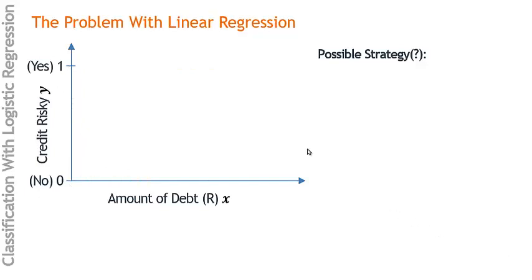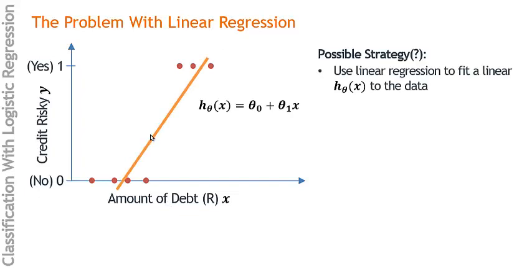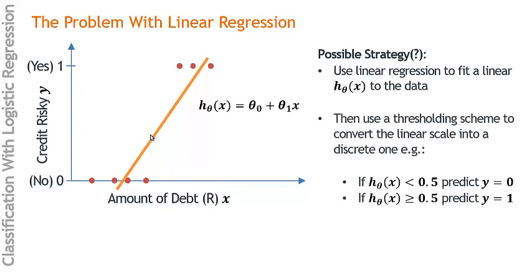So this slide illustrates this. If we add our data here, including the amount of debt and the classification, and we do a line fit, then we could say if the value of h is below a certain value, then we determine y equals 0.